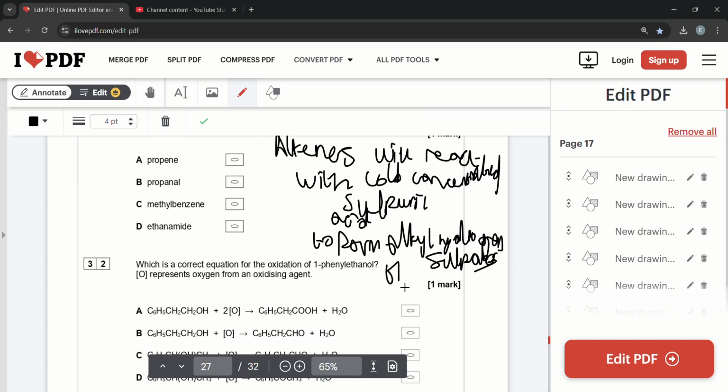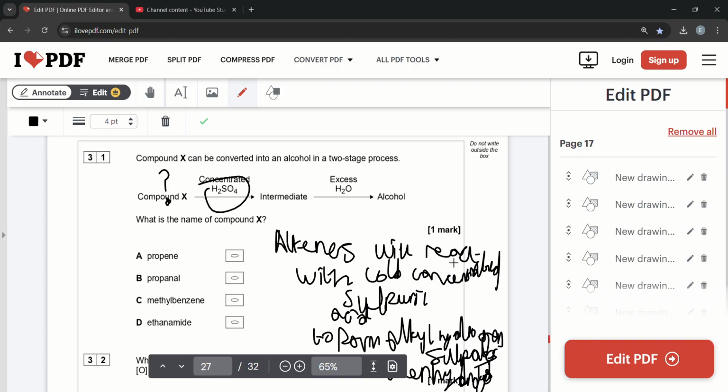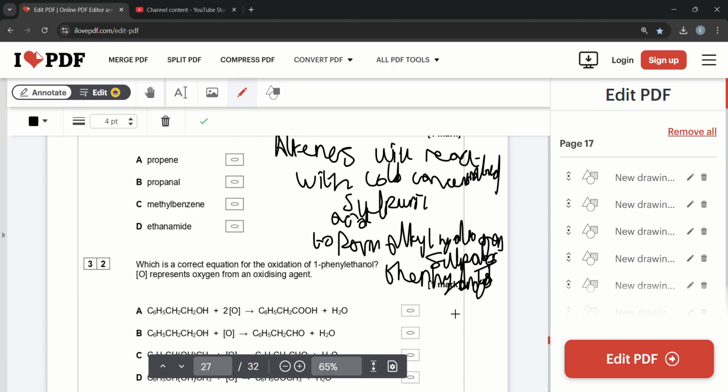And then hydrolyzed, so we add water and we warm the reaction mixture. The warming part is not included in here, but it doesn't need to be. Adding water is the main part, and then hydrolyzed to form an alcohol.